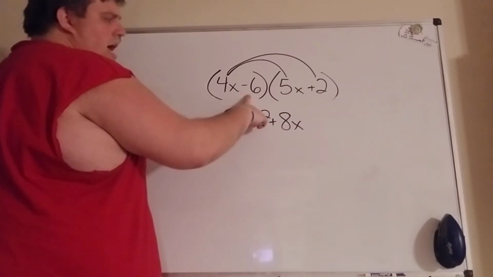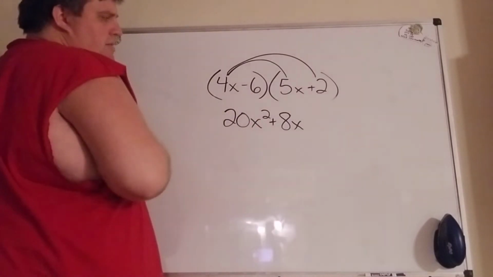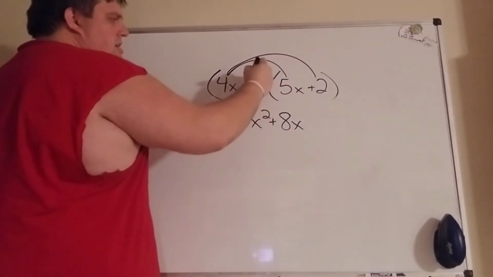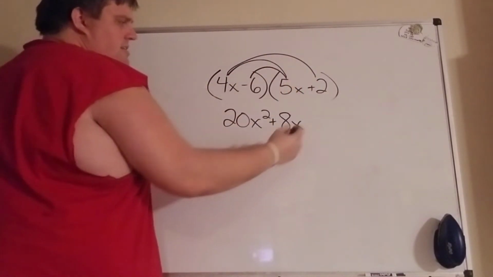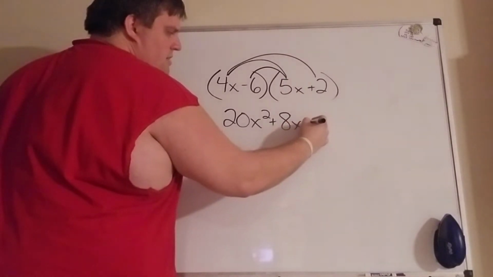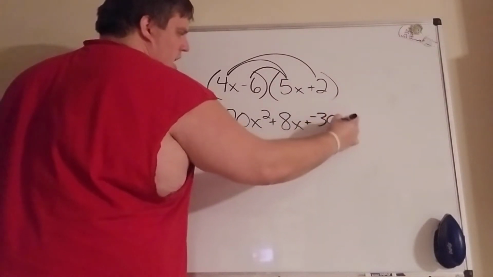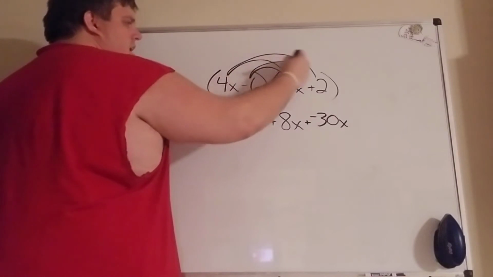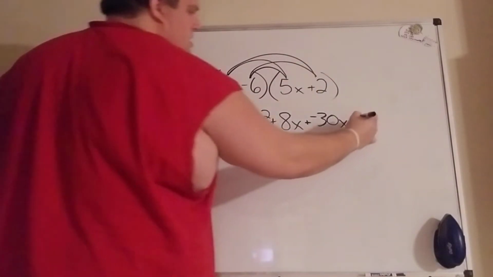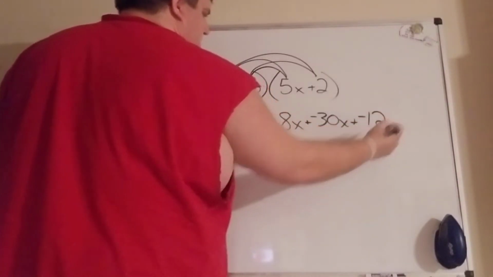And then I'm going to take turns with the second one. Negative 6 times 5x is negative 30x. And lastly, negative 6 times 2 is negative 12.